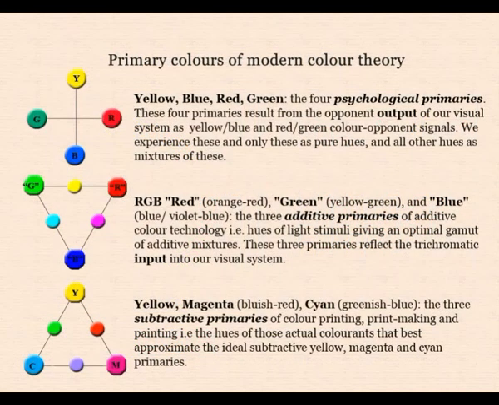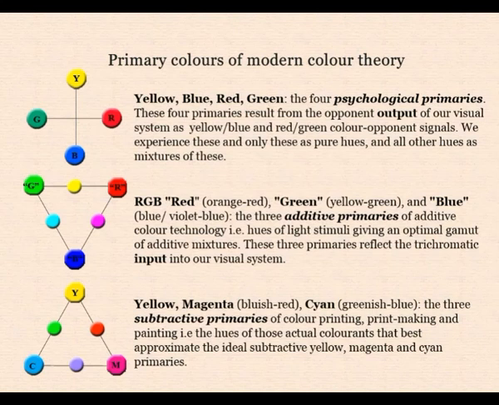In addition to the four psychological primaries, modern colour theory refers to three additive or light mixing and three subtractive or colourant-mixing primary colours, for the colours of lights and colorants respectively that yield a maximum gamut or range of colours of their mixtures. None of the optimal additive or subtractive primaries bear an exact relationship to any of the psychological primaries, but we have a strong unconscious predisposition to apply to the former the names of these hues that form the framework of our experience of colour.